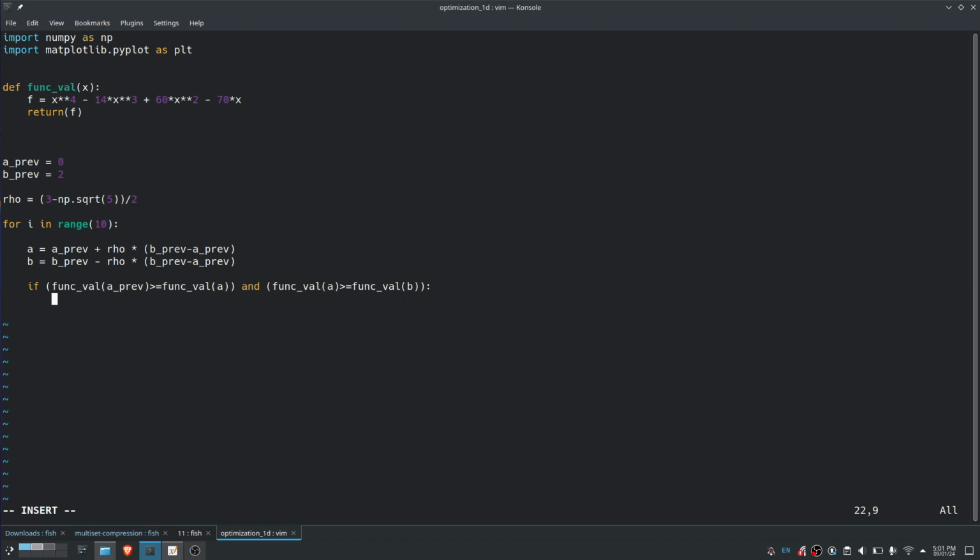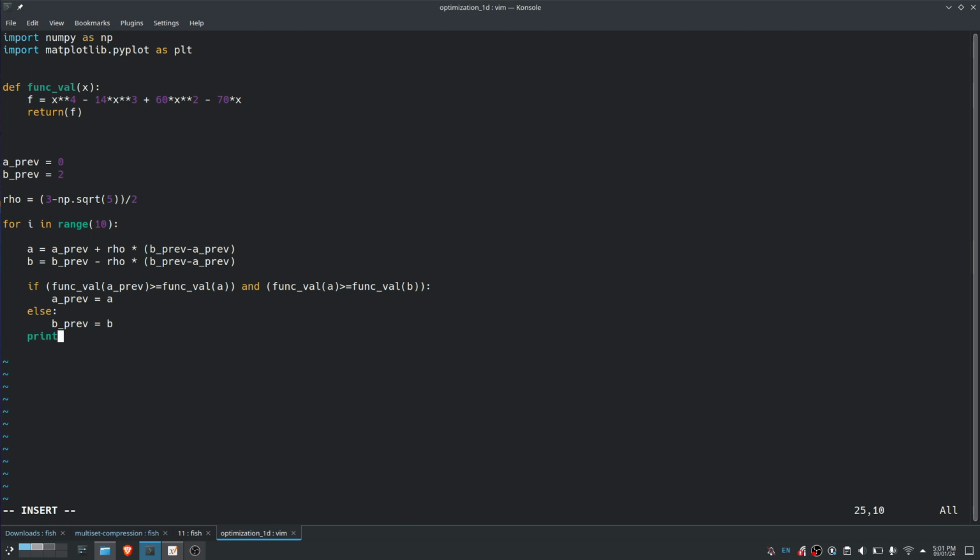So I need to set the left end to be equal to a, and the right end remains the same. I don't need to make any changes to the right end of the interval. If this doesn't happen, it will be b.